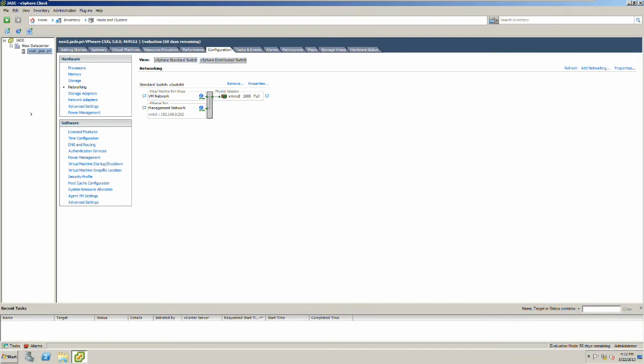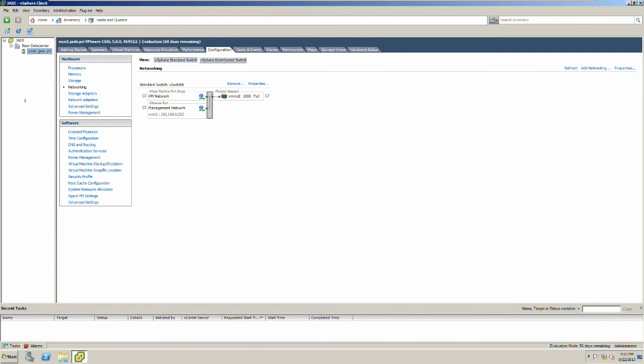You can combine the management network and the vMotion network together. However, sometimes vMotion may consume throughput, thereby preventing me from issuing the management commands I need to.